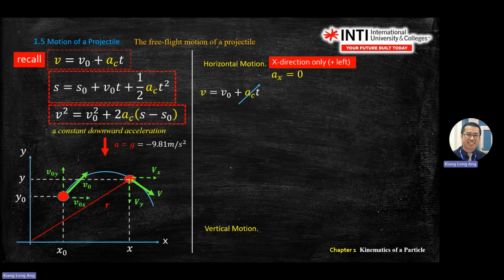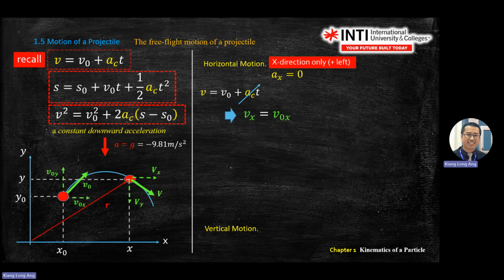The first equation, V equals V naught plus a t, you break into two directions. One is the X direction, meaning Vx, Vox, ax. So ax is 0 because your gravity is pointing down, so you cancel that term. Then Vx equals Vox, meaning the velocity in the X direction is the same as the initial velocity in the X direction.